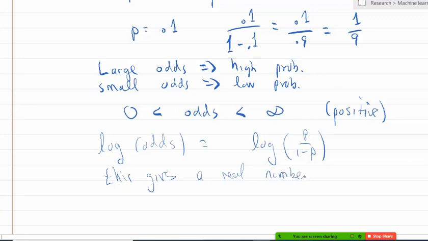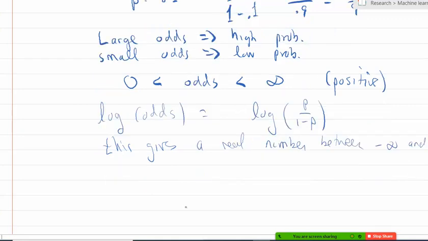This gives a real number between minus infinity and infinity. So what I'm going to do is associate my neural network outputs with log odds.